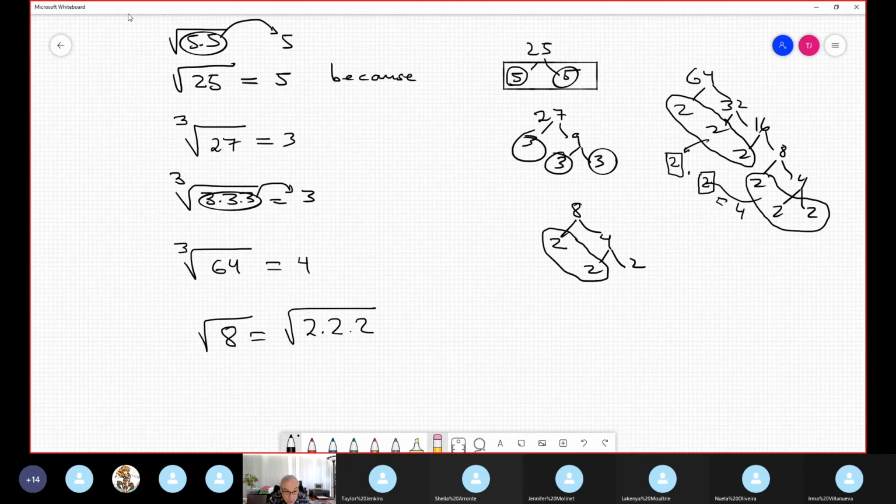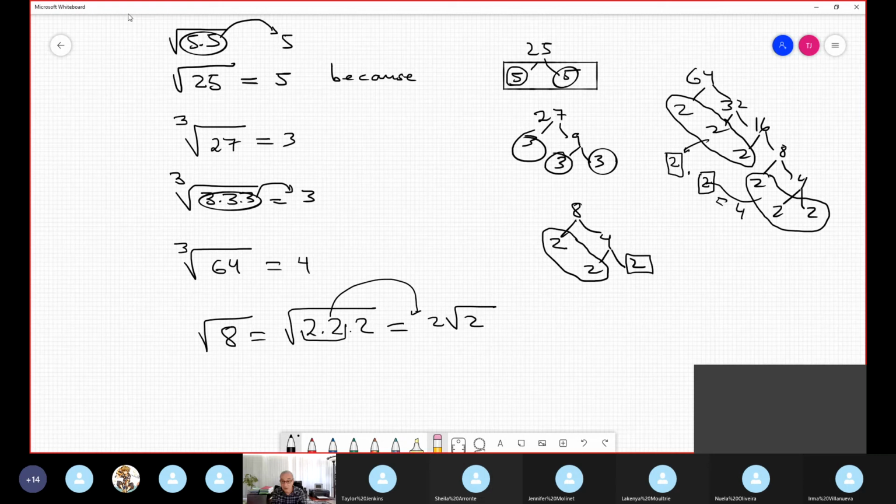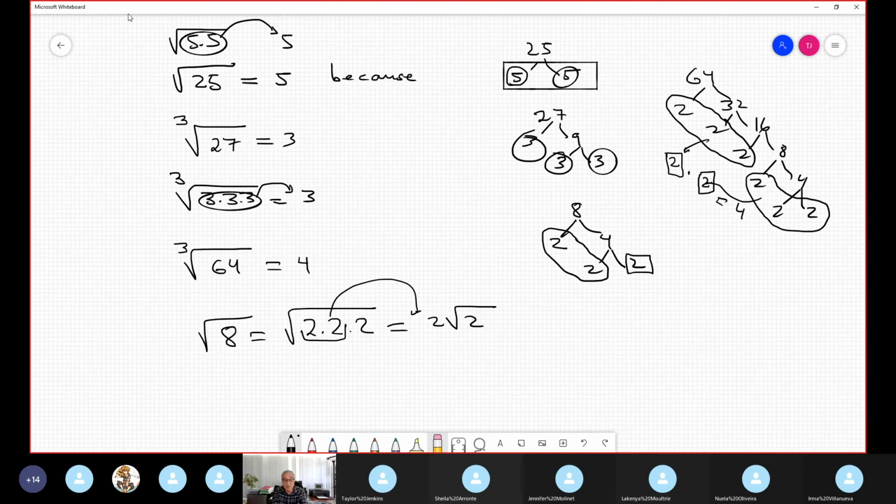This couple of 2s flies outside the radical as one 2 outside, and one 2 stays alive inside the radical. When the number is a perfect square or perfect cube, everything goes outside. But when it is not a perfect square, one stays inside. Okay? Do you understand this idea very well?